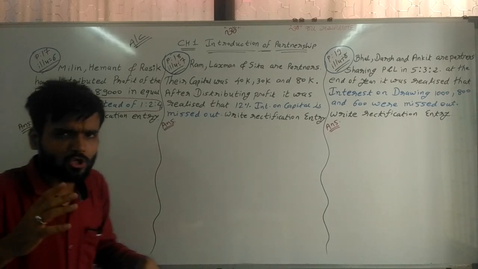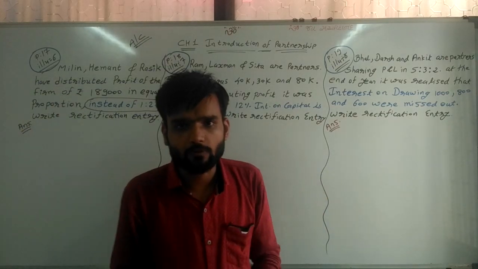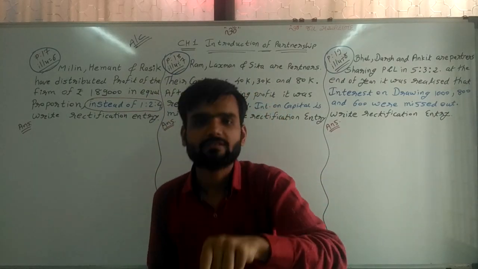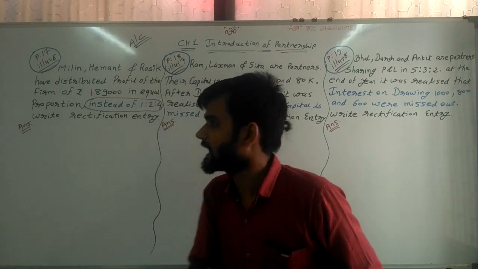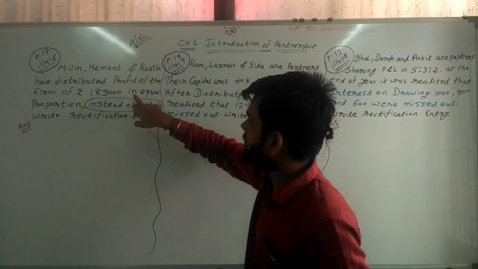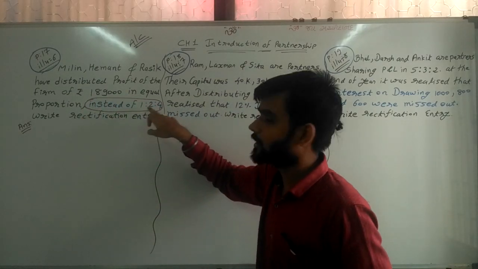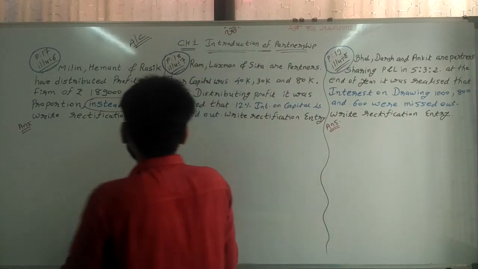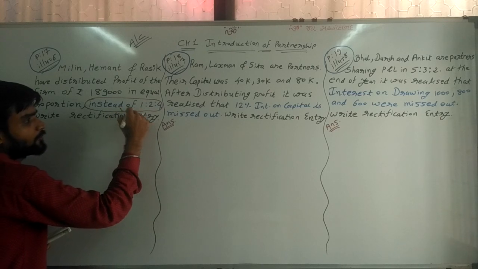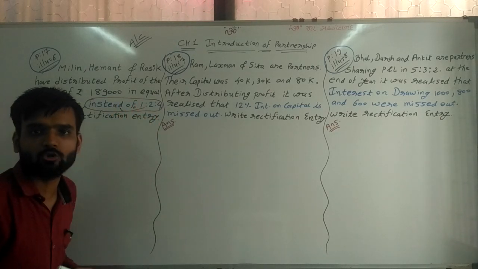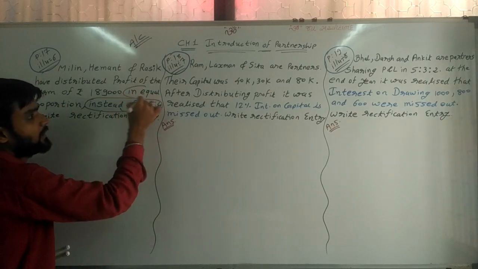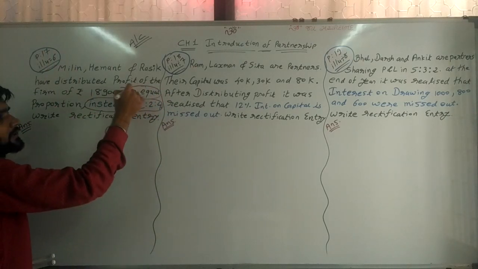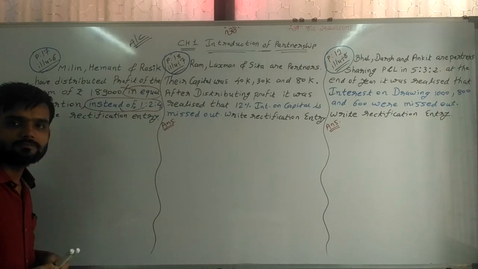So by reading the question, first decide what is wrong and what is correct. They have distributed in equal proportion instead of 1 to 4. It means 1 to 4 is the correct calculation, and the equal proportion they have distributed is the wrong calculation.